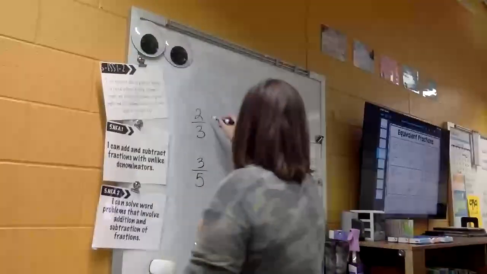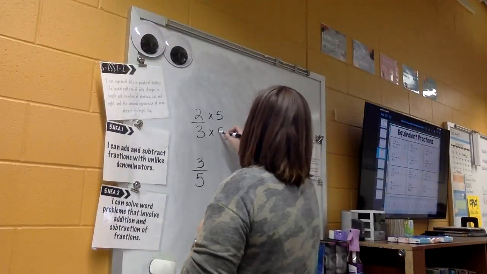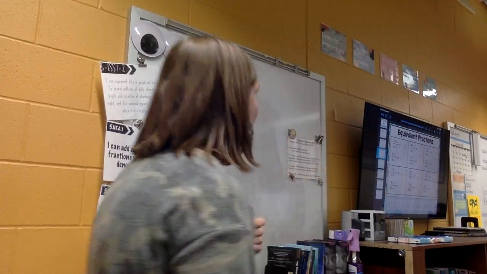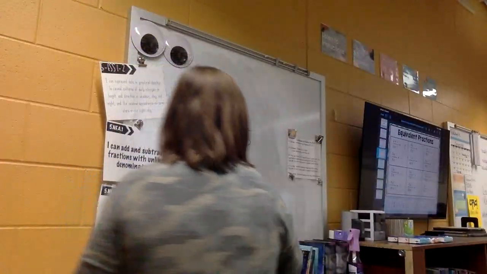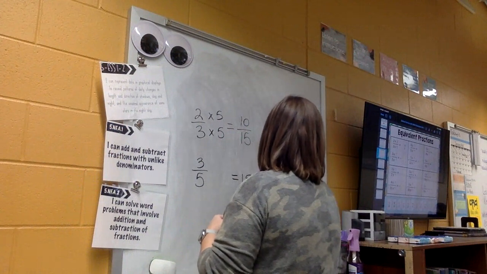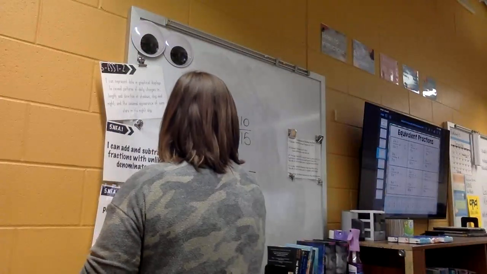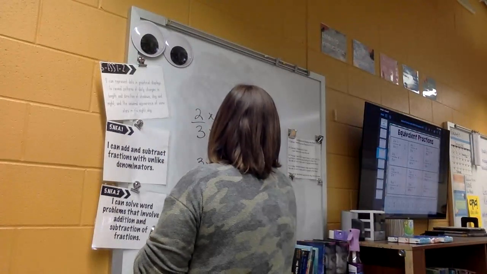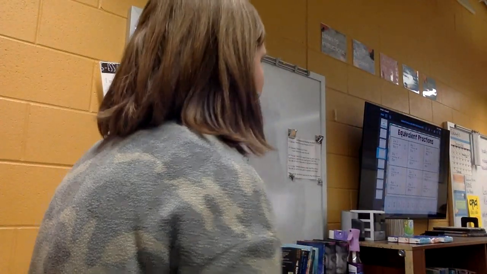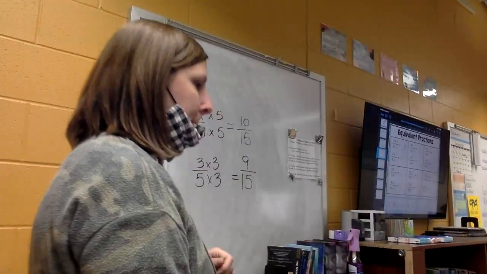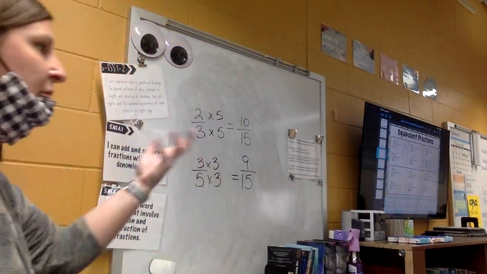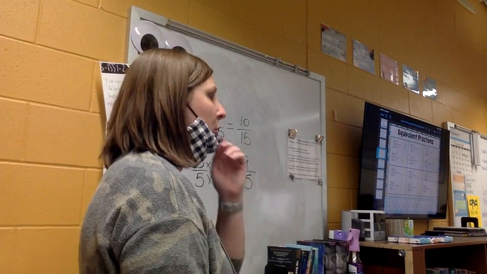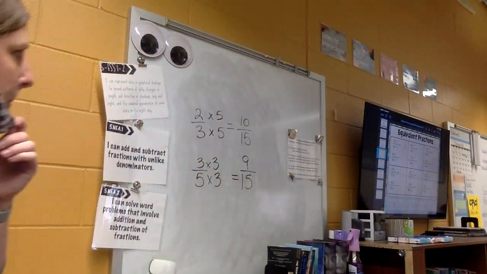It gives us part of the answer on the top there already. So what's my least common denominator? 15. Okay, because they gave us that part. So what do I have to multiply my bottom numbers by? 3. So this becomes 9. It's 1/15 if you subtract it. But on this slide, you don't even have to subtract. You just have to find your common denominators.